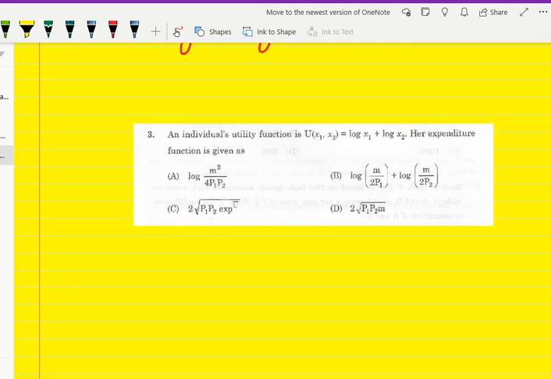Now we will jump to the third question. An individual's utility function is given by u(x1, x2) equals log x1 plus log x2. Then what will the expenditure function be?